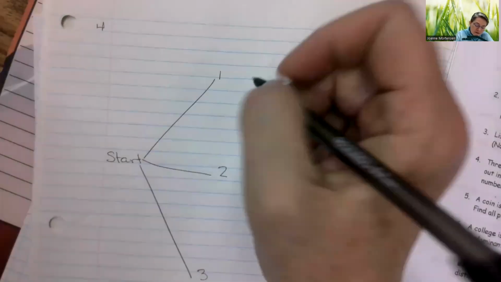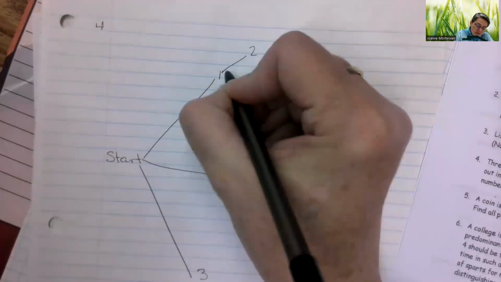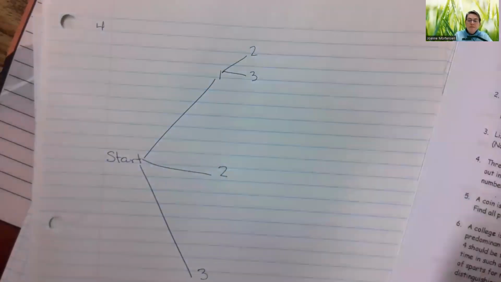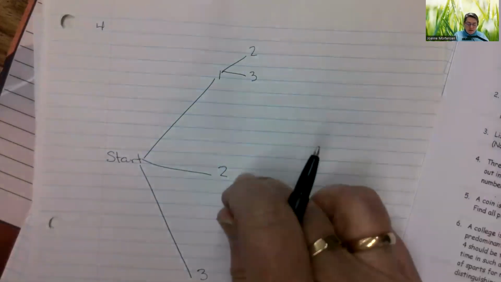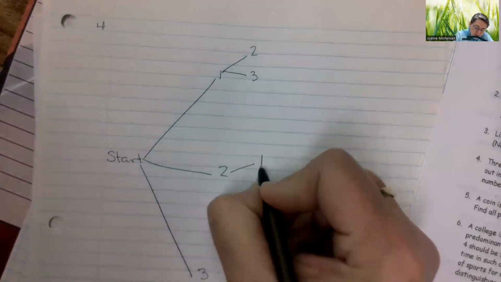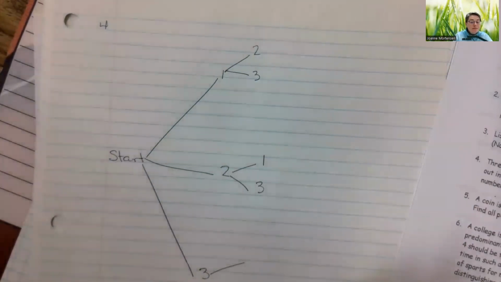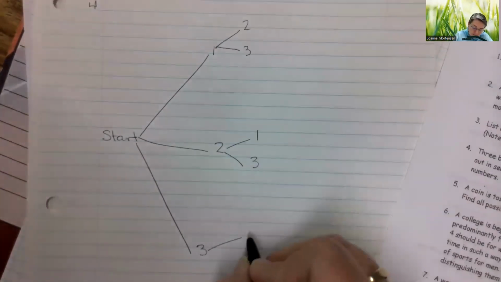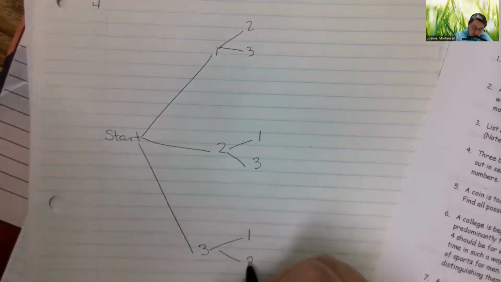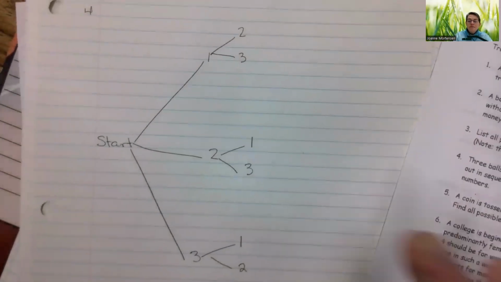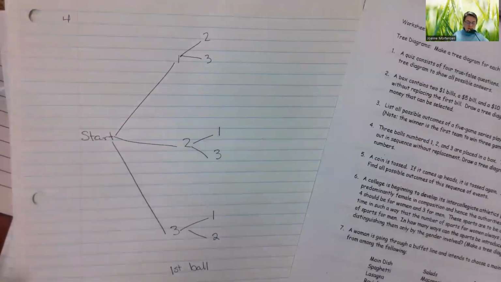So if I pull the 1 first, then we have the 2 and the 3 left. If we pull out the 2 first, then I've got the 1 and the 3 left. If I pull out the 3 first, I've got the 1 and the 2. Yeah, there we go. All right.